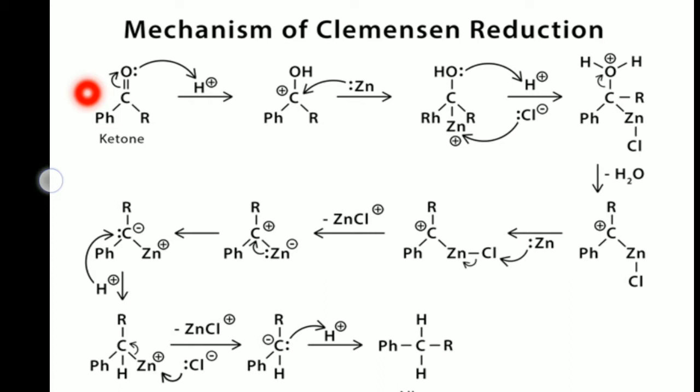This reaction occurs in the presence of acid and zinc amalgam. It is a simple mechanism. During the formation of alkanes, carbene ions can be formed as an intermediate. So this is about Clemmensen reduction.